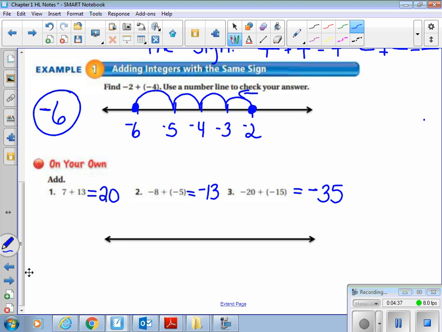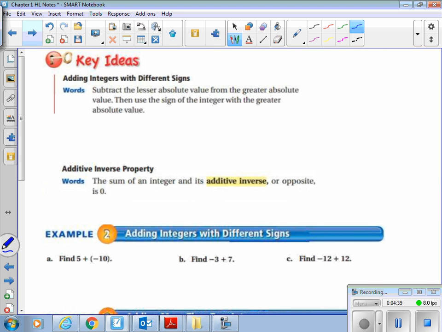All right, moving on to the next example, we're going to follow a new key idea, which is adding integers with different signs. It says to subtract the lesser absolute value from the greater absolute value, then use the sign of the integer with the greater absolute value. So what I like to say for this one is we are going to subtract the numbers.